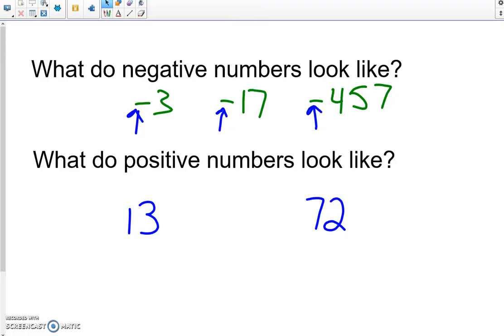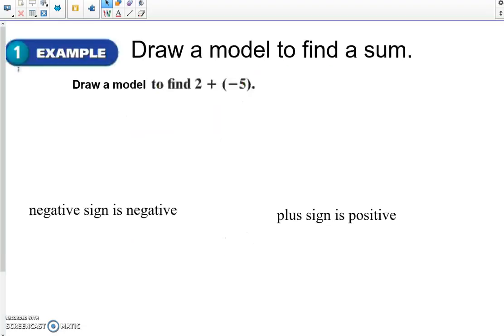Or you could put a plus sign in front of it. You don't have to. So positive numbers can be written two ways. They can be written plain, like 574, or positive numbers could have a plus sign, a positive sign in front of them. And that's important to know that positive numbers can be written two different ways, but negative numbers must have that minus sign in front of them.